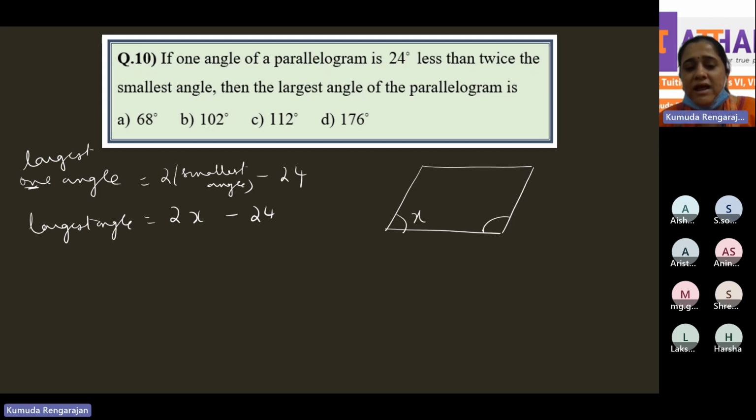The other angle, the largest angle, will be 2x minus 24. Now, opposite angles are equal, so this one will be x only. This one is x. So I can mark 2x minus 24 here also, because anyways, opposite angles will be equal.